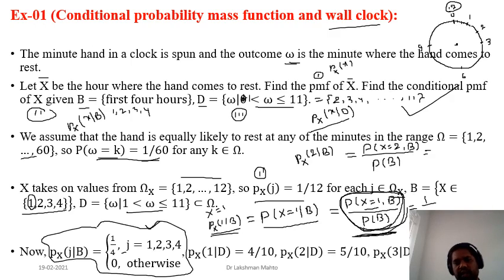It is very simple. In the similar fashion to what I calculated for x equal to 1, calculate for x equal to 2. How can you calculate this conditional probability?